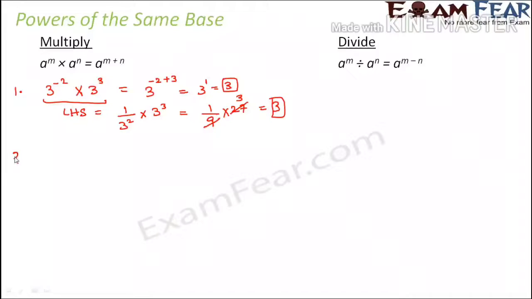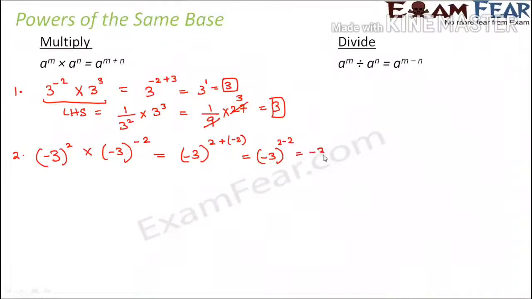Now let's take a few more examples. Let's say minus 3 to the power 2 multiplied by minus 3 to the power minus 2. In this case the bases are the same, both are minus 3. So this becomes minus 3 to the power 2 plus minus 2, which is minus 3 to the power 2 minus 2. 2 minus 2 is 0, and anything to the power 0 is equal to 1.